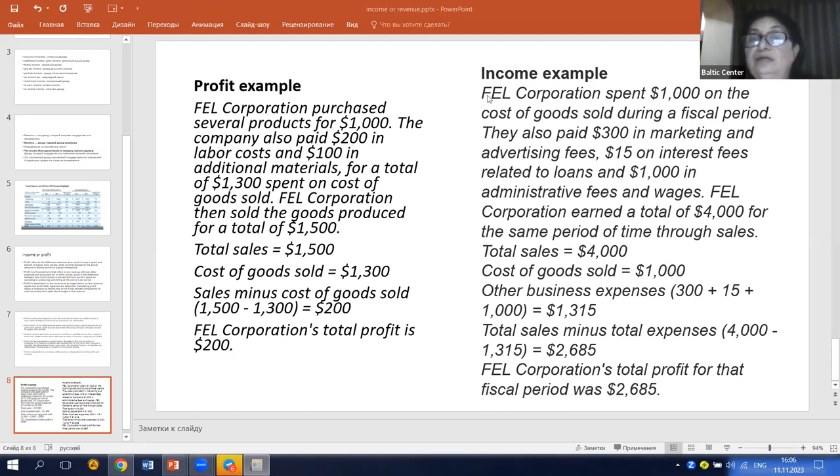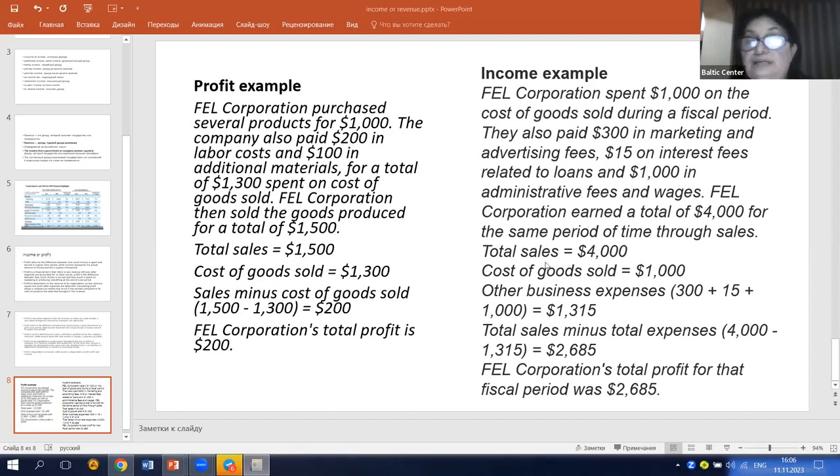Now the income example. Here is the same picture: the corporation spent 1,000 on the goods sold during the fiscal period. They also paid 300 in marketing and advertising fees, 15 in interest fees related to loans, and 1,000 in administrative fees and wages. The corporation earned a total of 4,000 for the same period through sales.